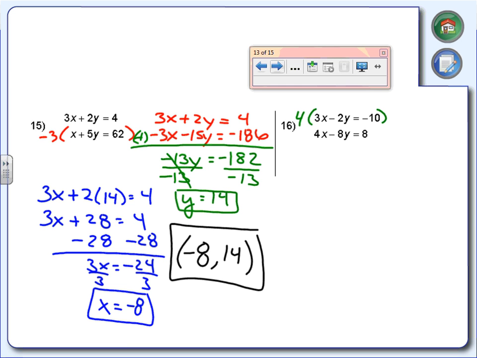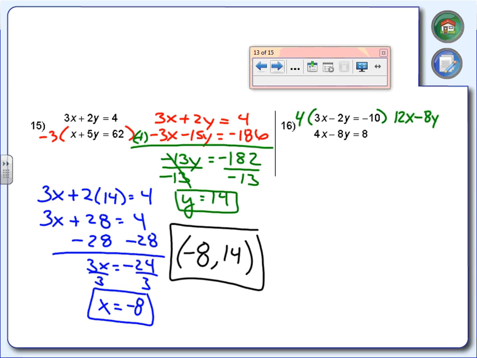Top equation multiplied by 4. So let's see here. 4 times 3x is going to give me 12x. 4 times a negative 2y is a negative 8y. 4, what's that? Well, that's a good question. We can multiply it by either a positive or a negative. Now, in this particular case, we're using a positive 4. Now, that is going to affect whether we add or subtract.